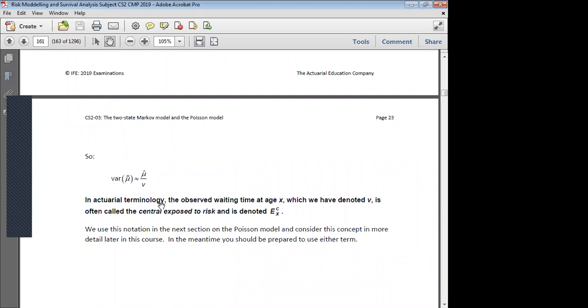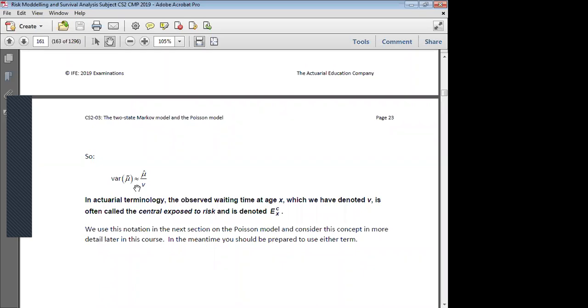Previously what you had was mu upon expectation of v. This is not much different, but something similar to it. They've written in bold that sometimes the denominator v is also known as central exposed to risk. Why central? Because it is the central expectation, and exposed to risk is the time when a particular life was exposed to risk.